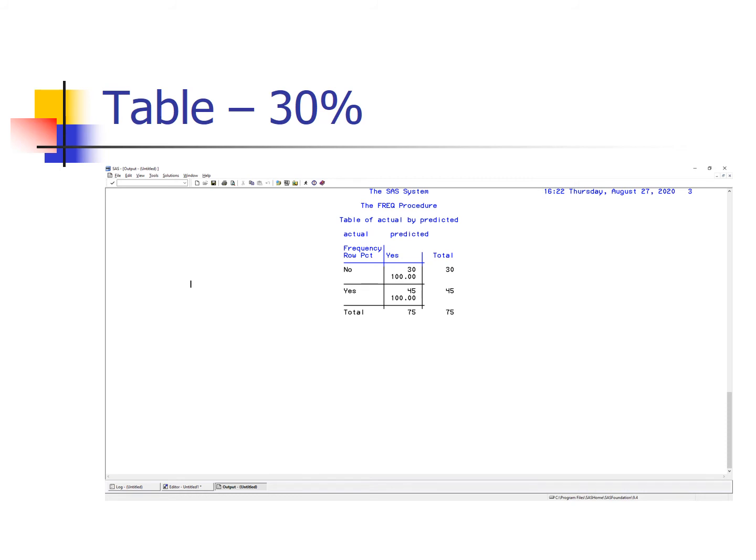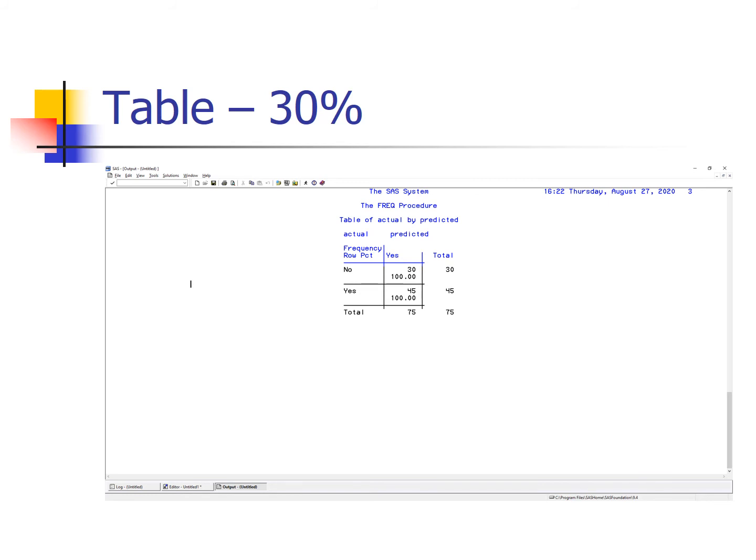So all of our estimated probabilities are above 30%, which means that if we use 30% as our criteria, we are going to predict that every person in our sample has the ailment, which is why I have a 2-by-1 table. Technically, there is a no column, but there's nobody in the no column, and so SAS suppressed it.